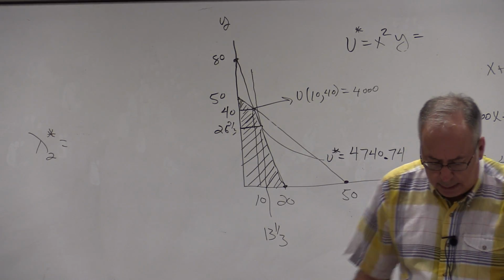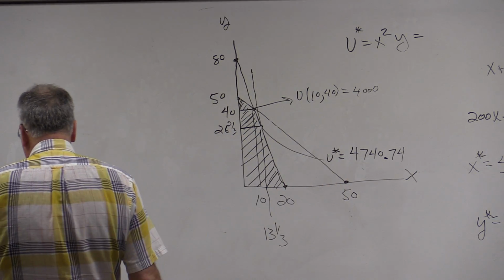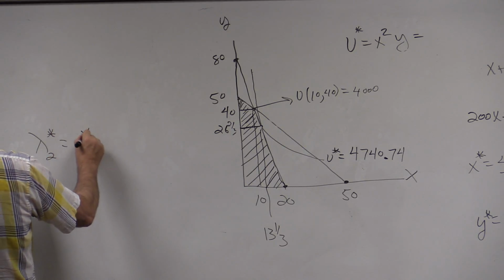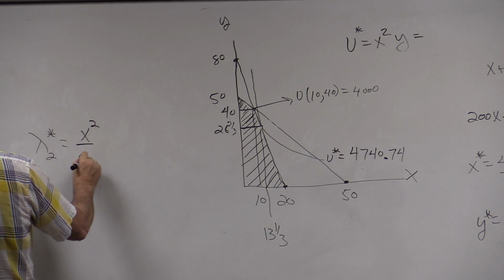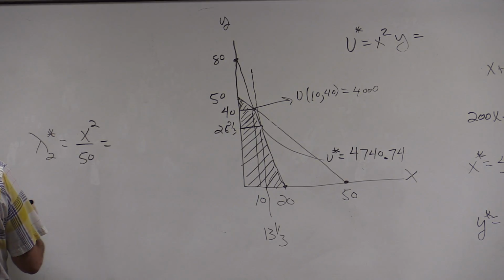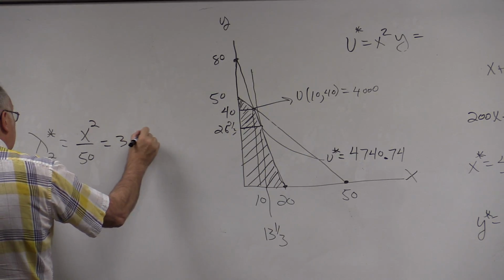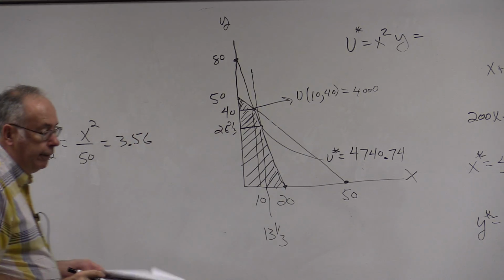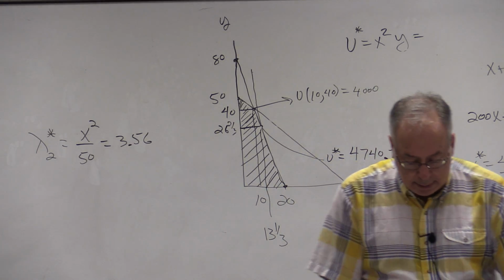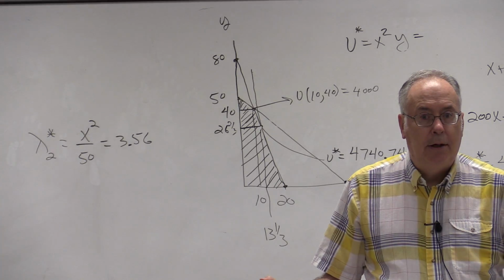It was x squared over 50. If you actually calculate this, you get about 3.56. It's positive, so that's good. If it were negative, that would indicate a problem. But it is positive. So what would be an interpretation of lambda 2 star here?